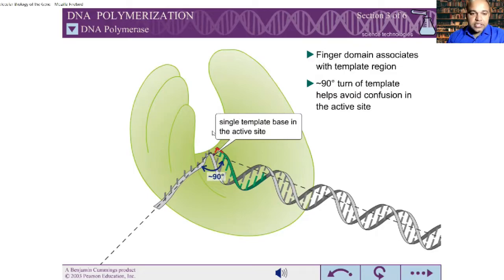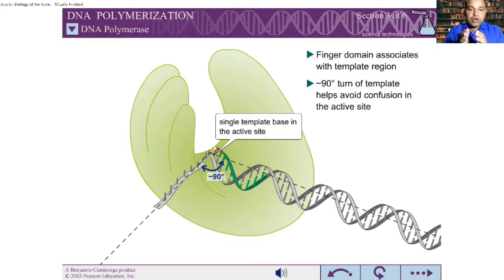So what you find here is that it is this finger domain that is responsible for the catalysis taking place. This finger domain makes a transient 90-degree turn within the DNA structure. As it makes this turn, it causes a single nucleotide to be exposed at the active site.